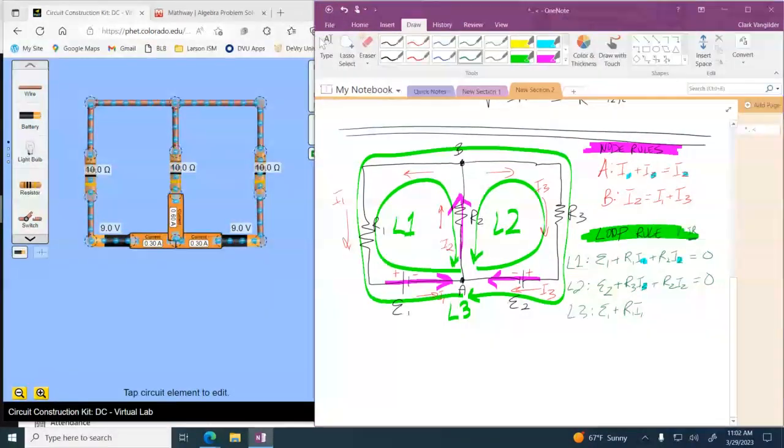When I come around the bend here to R3, I'm going in the same direction, so now I'm going to have a minus R3, I3, and since I'm going downhill through the battery, positive to negative, that's going to be a minus E2. If you think about it, the loop 3 equation is just the difference between loop 1 and 2. So it's a redundant equation, and the more experienced you are as a circuit analyzer, the more quickly you would see the uselessness of doing loop 3.